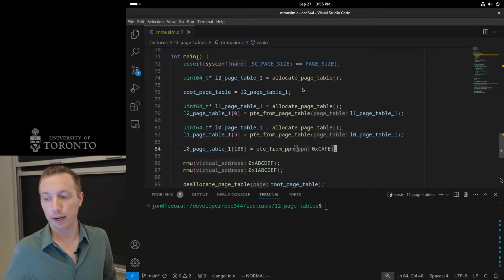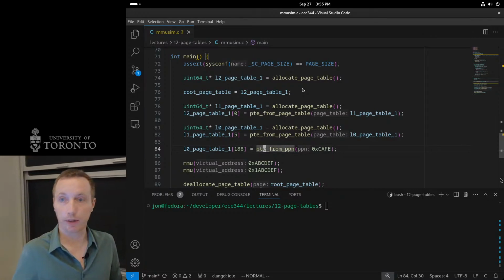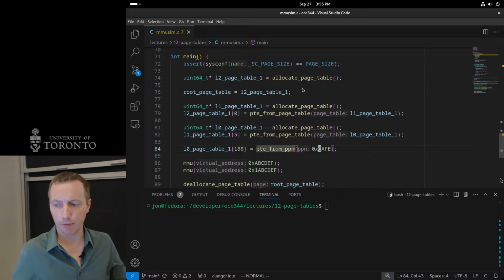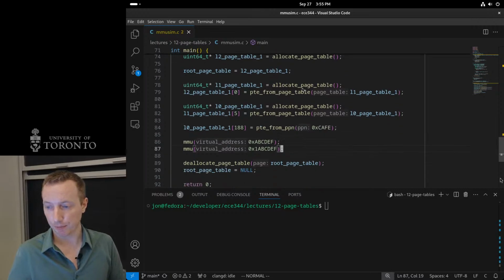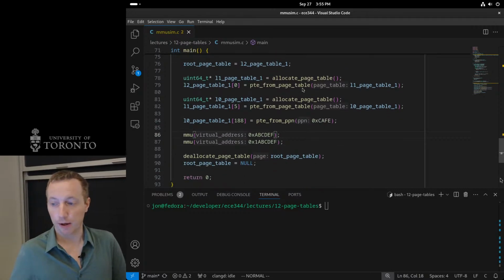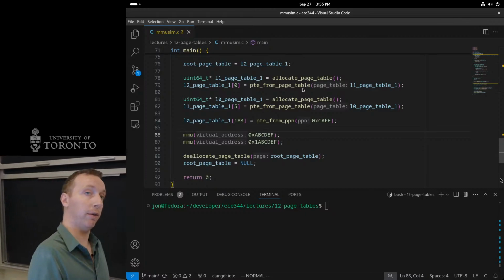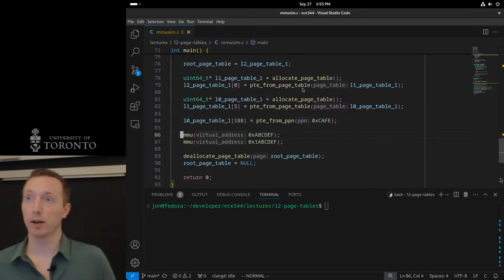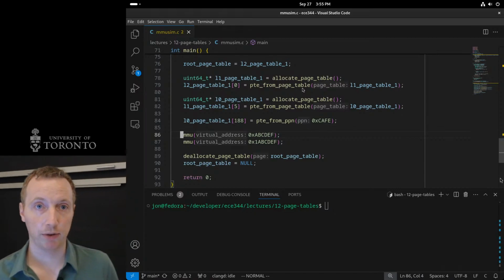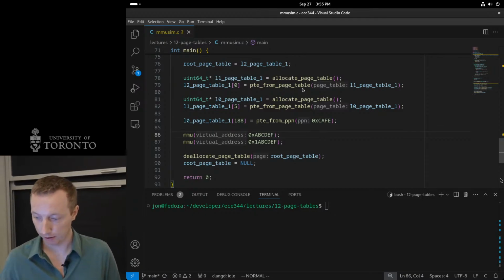And then in the L0 page table at index 188, I create a page table entry that tells me that the physical page number is CAFE. Now, if I run this MMU function, I give it a virtual address, and it should spit me back out a physical address using the root page table and the virtual address, and that's the only information I give it.